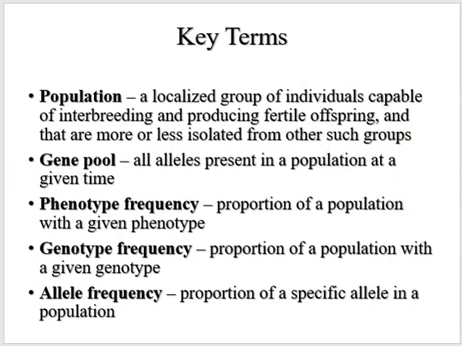Many biologists define a population as a localized group of individuals that are capable of interbreeding and producing fertile offspring, and these groups are more or less isolated from other populations.